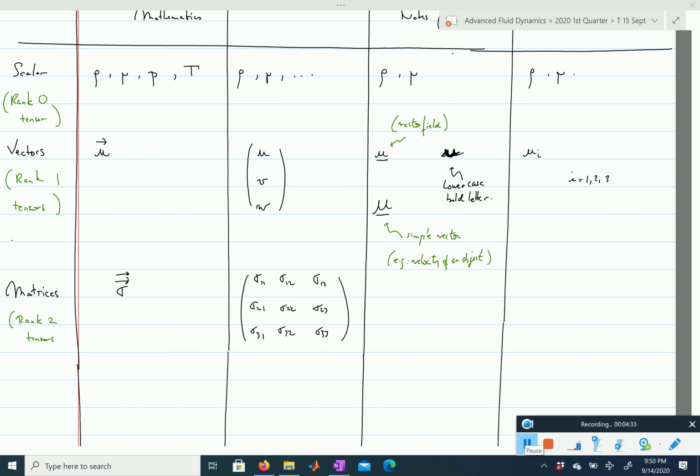In IFD, usually matrices I will represent as a letter with 2 bars underneath. And oftentimes in Kundu, the equivalent notation would be a capital bold letter. So if you see a bold capital letter, usually in Kundu, that means a rank 2 tensor.